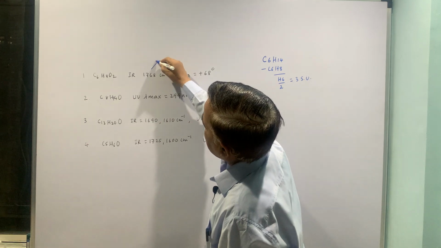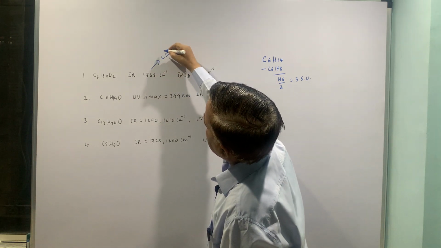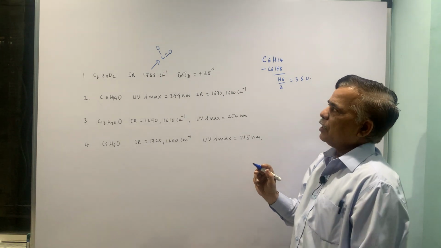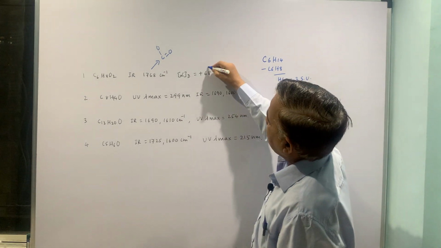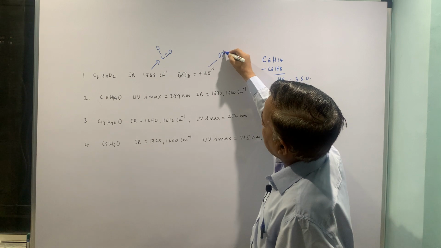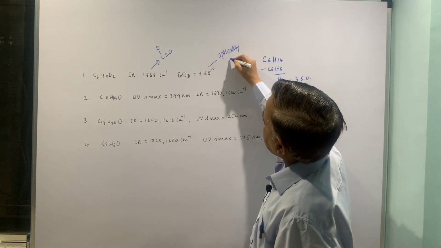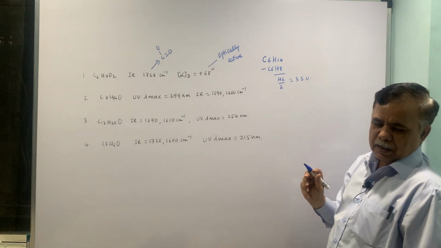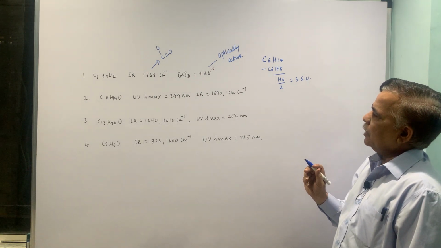1780 can be assigned to carbonyl of ester because two oxygens are there, you can think of ester. Alpha D means it is optically active compound, so it must carry a chiral center in it.